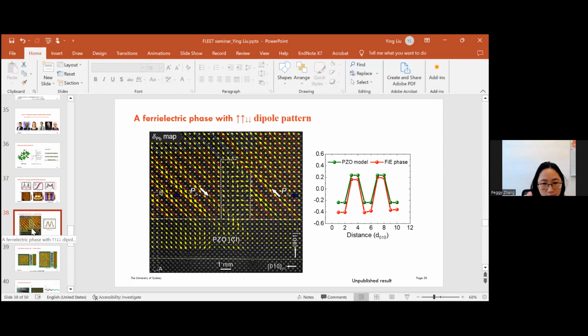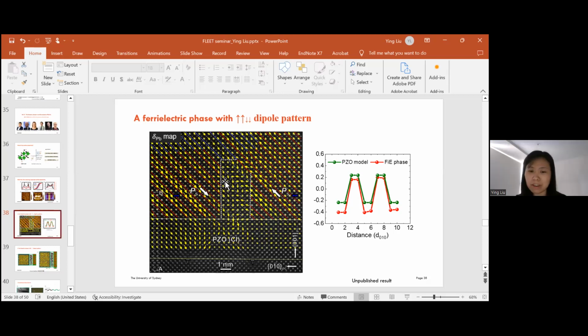Because I noticed that away from the interface, it's more like an up and down, anti-parallel polarization direction. But when it's close to the interface, it's more like 90-degree domain structures. I was wondering that if you apply mechanical force or change the thickness, is it possible to see flux closure or some topologic configurations?